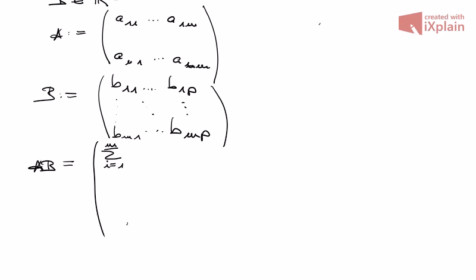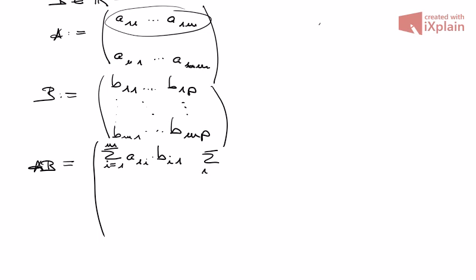For the first row and column entry of AB, you take the first row of A, so you take A1i, where i goes from 1 to m, and you multiply them with all the elements in the first column of B, so B i1. That's the first entry in your resulting matrix.